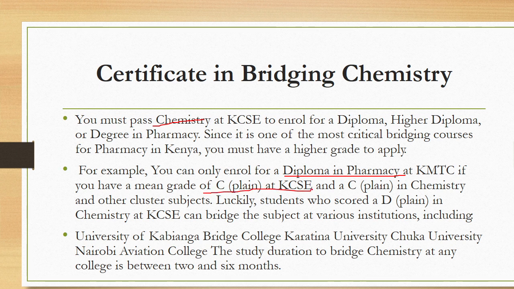A C plain in KCSE and a C plain in chemistry, right? And any other class of subjects. So ideally, you can proceed to bridge this particular subject from Karatina University. We also have Chuka University. We also have Nairobi Aviation. It takes between 2 and 6 months, right?